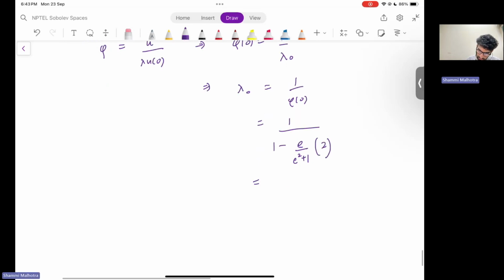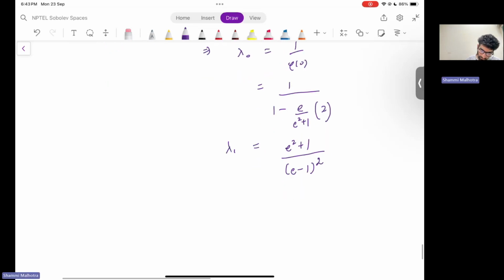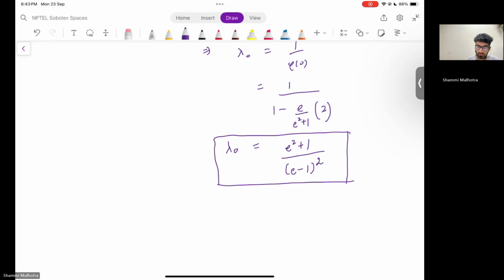This is the lambda naught value, so it has to become like this only for the solution to exist uniquely. So it forces the value of lambda to be this only.